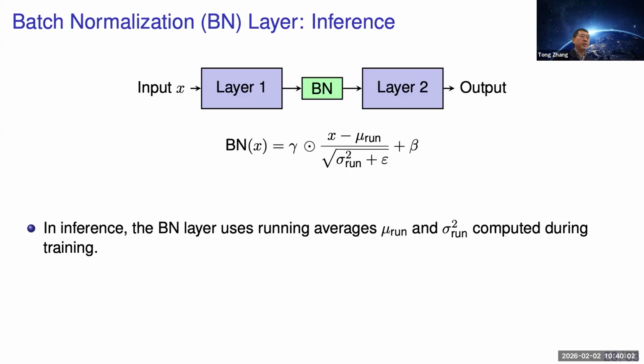Again, in this case, you can see that training and inference are different. Training uses the batch mean and batch variance, and inference uses a running mean and running variance, which is collected on your training data. This turns out to be useful. One interesting thing about batch normalization is the following.